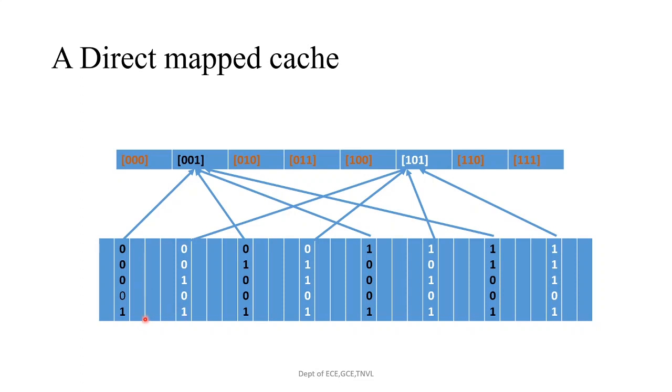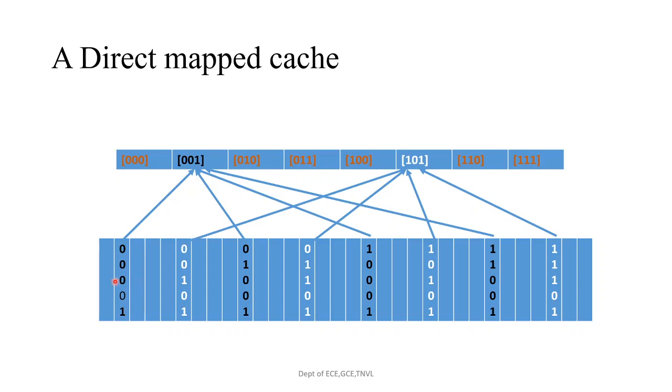Say, for example, if you see here, these are the 00001 location, the 01001 location, the 10001 location, and the 11001 location, and all of them map to the 001 location.